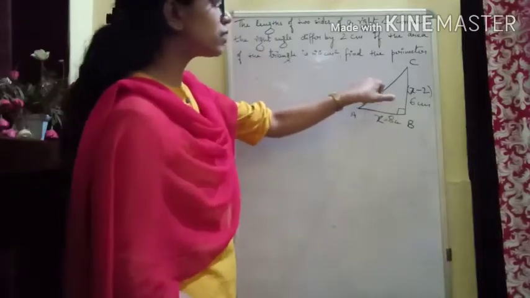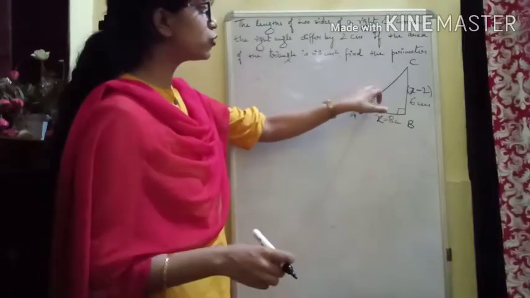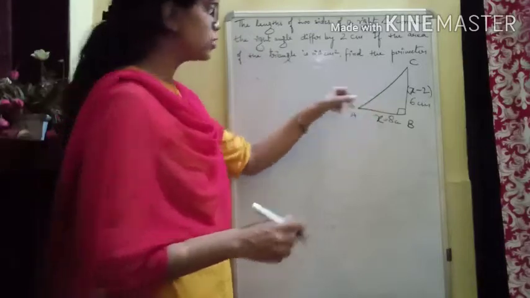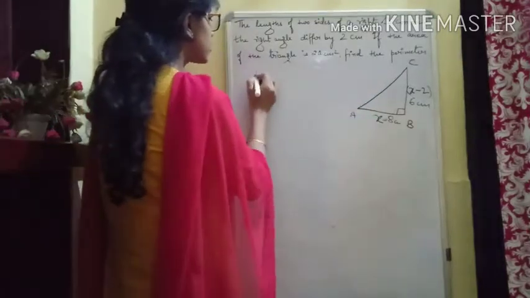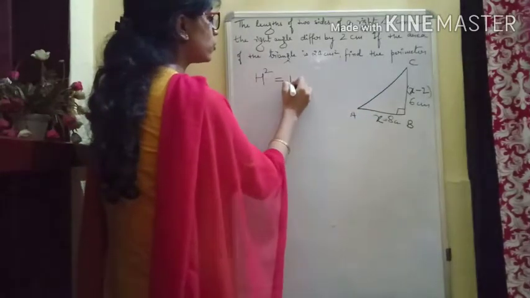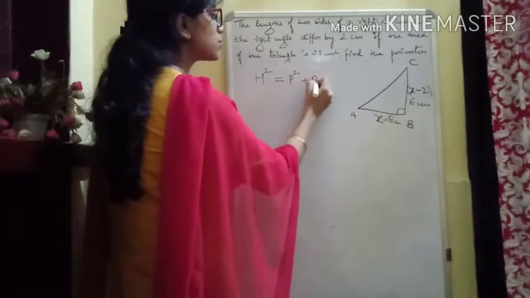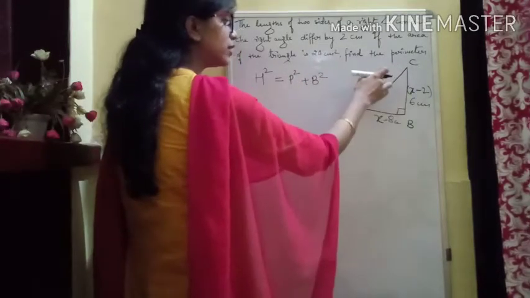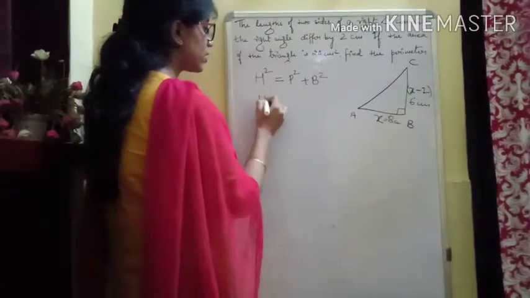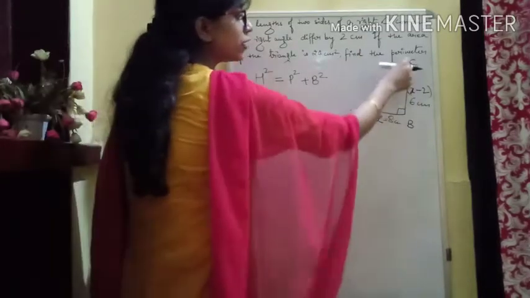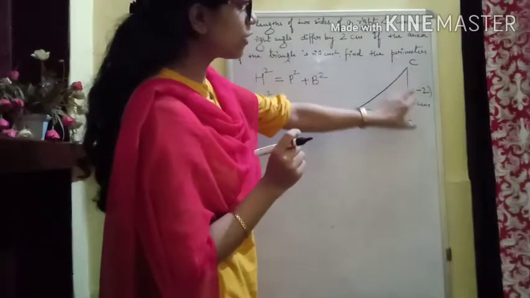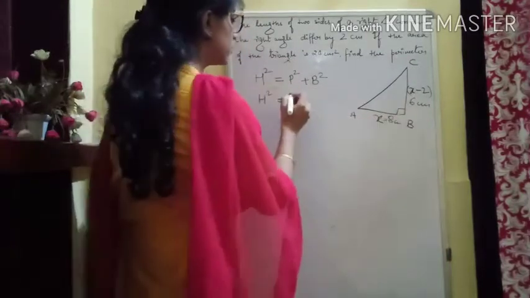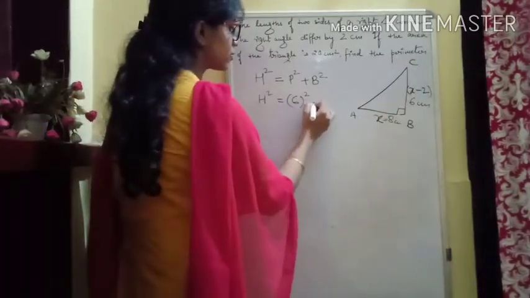To calculate this remaining side, which is the hypotenuse, we can now apply Pythagoras. So simply Pythagoras says hypotenuse square equals perpendicular square plus base square. This is your hypotenuse, since this side is in front of 90 degree, we don't know, so let's write it like that. What is your perpendicular? Of course this one, CB. And what is the value coming? 6. Then square of 6 plus base.